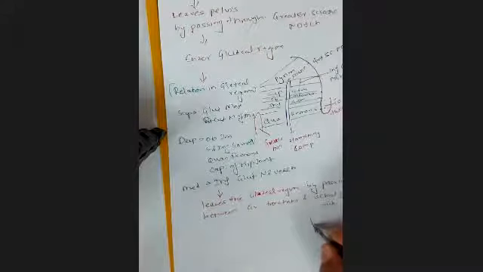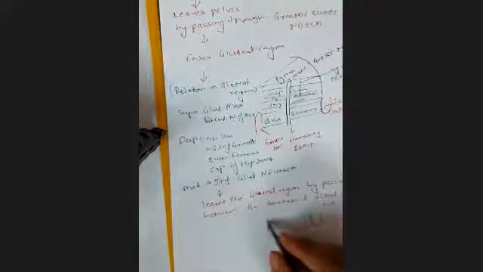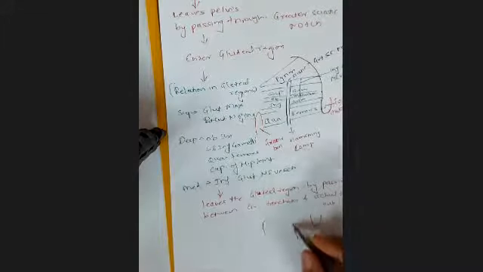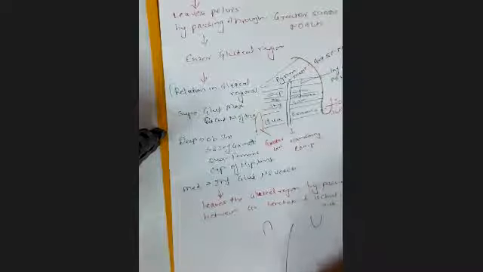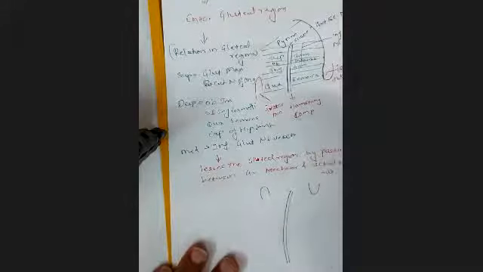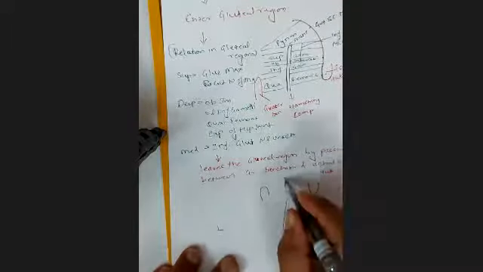Now let us see what happens in the hamstring compartment. Here is the ischial tuberosity, here is the greater trochanter, and now the nerve has entered the hamstring compartment. Suppose this is the medial side, this is the lateral side, this is the superior aspect, this is the inferior.